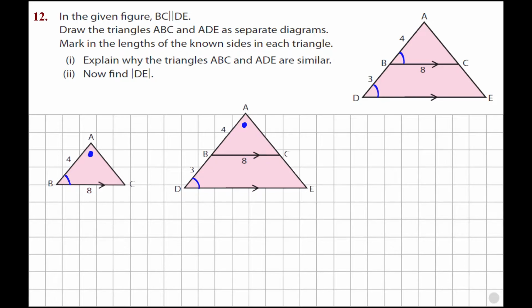And the last angle there is also corresponding, so this angle here is also the same. So when it asks you to show why the two triangles are similar, I'll just write down why they're similar. The reason why they're similar is because you've got three angles the same.